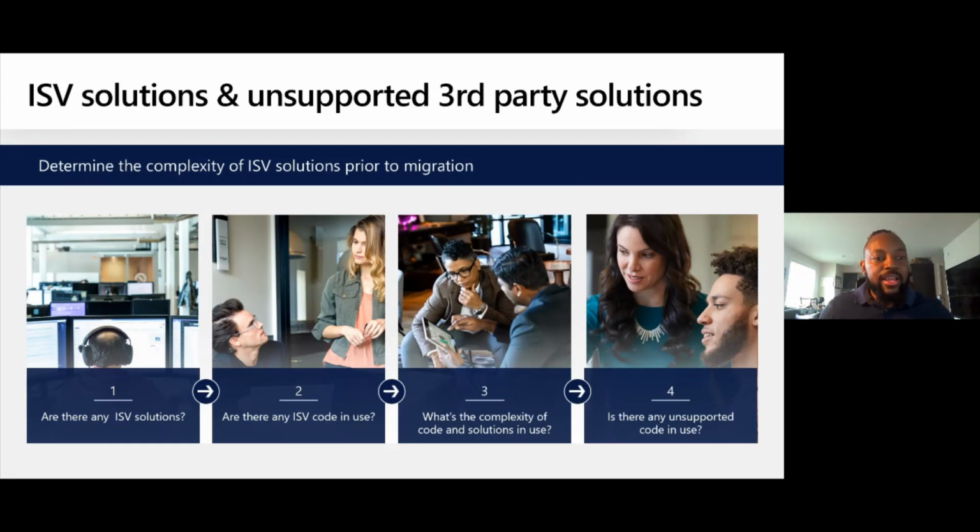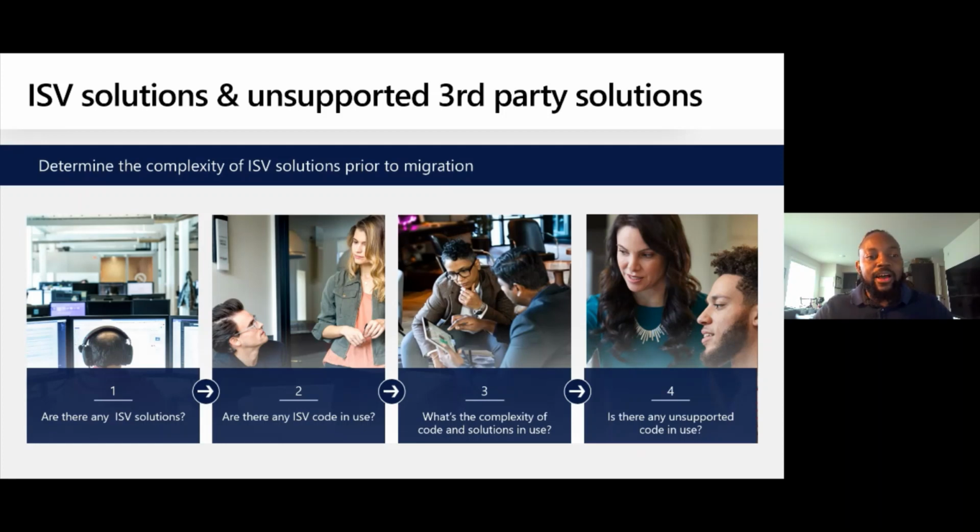Now, as you go through all this, you might realize that there are some solutions that your organization clearly needs, and some that you don't need anymore. So you get rid of the ones that you don't need, and you focus on the ones that you clearly need.